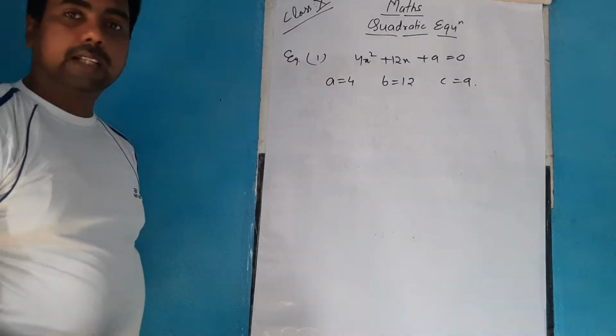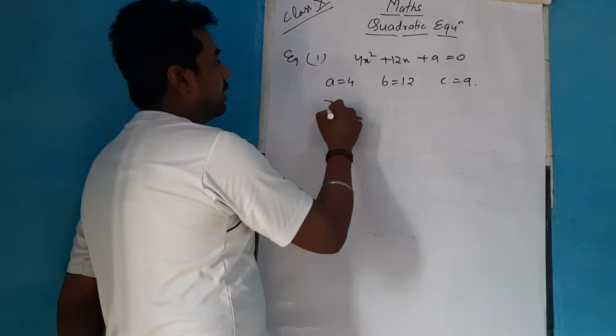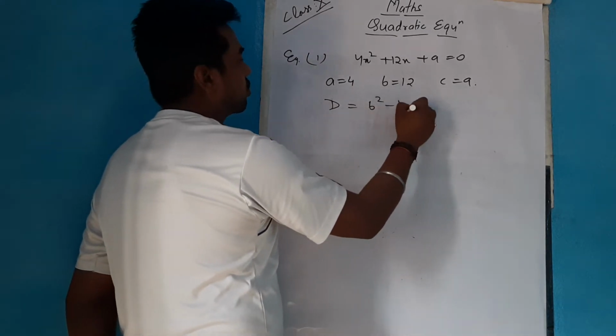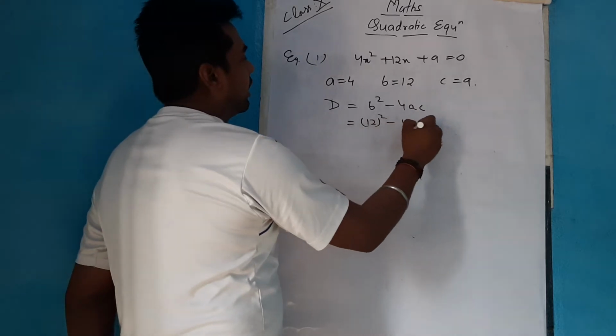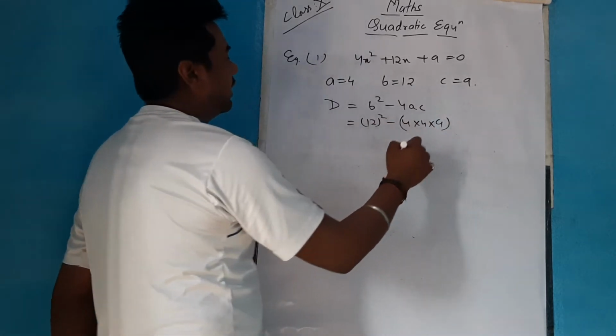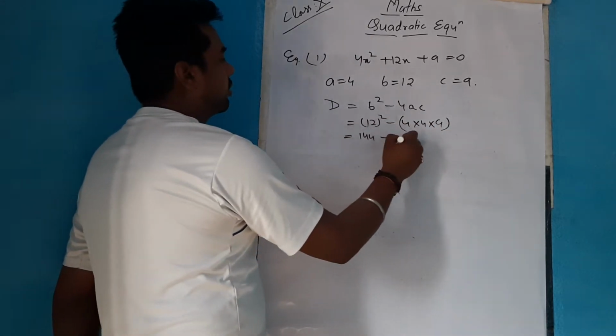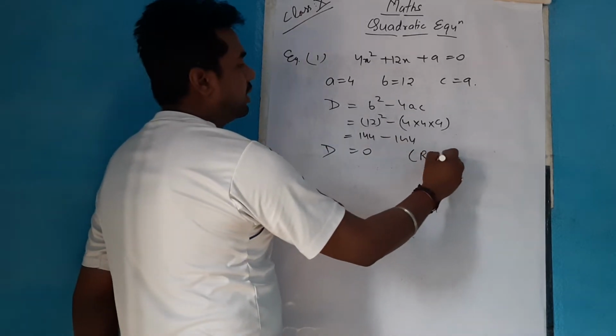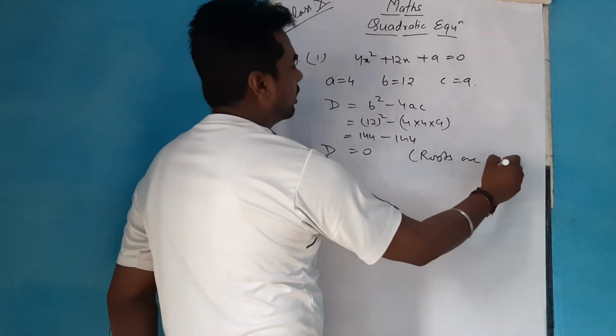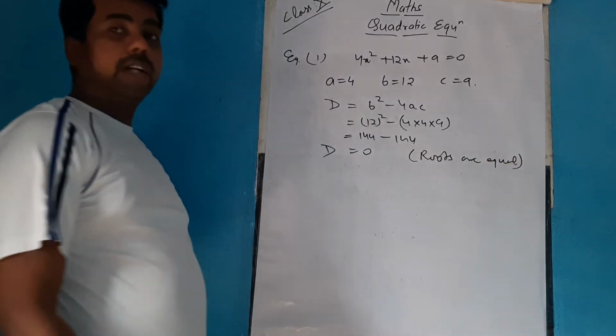After getting the values of a, b and c, get the value of D, the discriminant, b square minus 4ac. Here b is 12, a is 4 and c is 9, so that becomes 144 minus 144, and the value of D is equal to 0. It means the roots are equal, so you are going to get two equal roots.